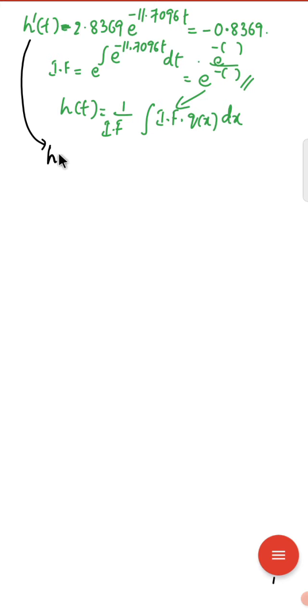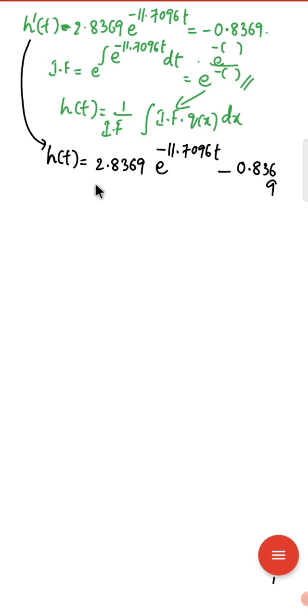What is it? h dash of t is equal to 2.8369 e to the power of minus 11.7096 t minus 0.8369. So we directly integrate it.